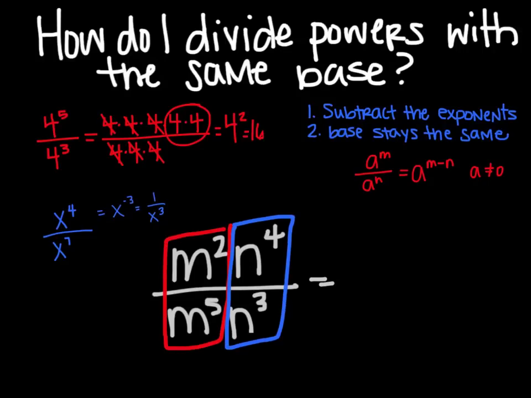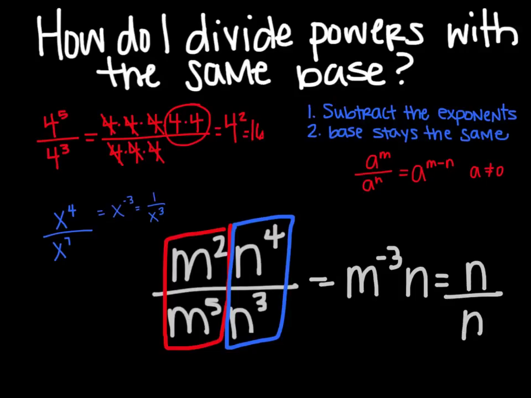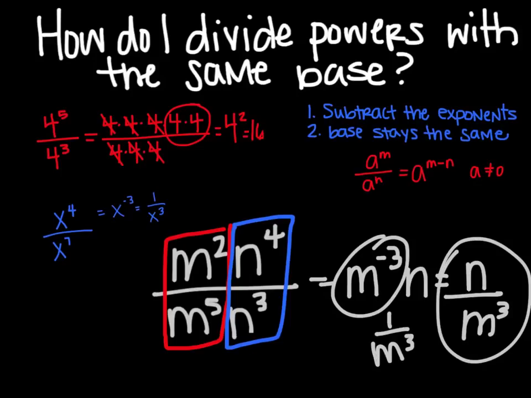So m squared over m to the 5th is m to the negative 3rd power, and then n to the 1st power, which we don't have to write a 1 in the exponent, but you can. I'm not going to. And then we have to simplify that negative 3 power that we have on that m, so it's going to be n over m to the 3rd, because this is 1 over m to the 3rd, and then we're multiplying by n, so we'll be left with the final answer of that.